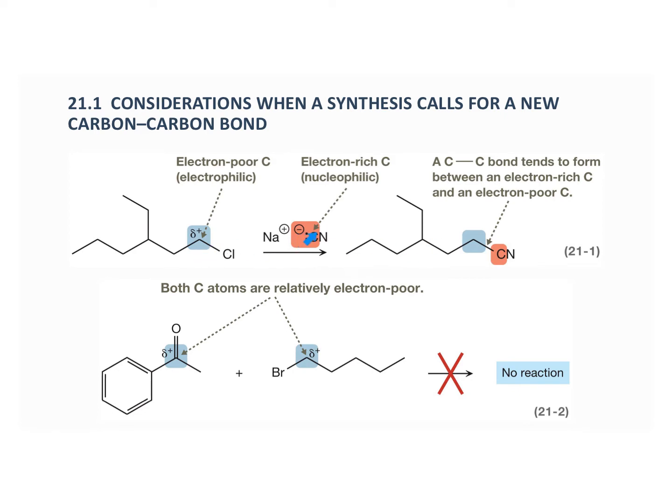You can see where this is negatively charged, and that's partially positively charged. And these electrons are going to attack this carbon, right? And that chloride is going to be the leaving group. And so the new carbon-carbon bond we formed here is shown right here.